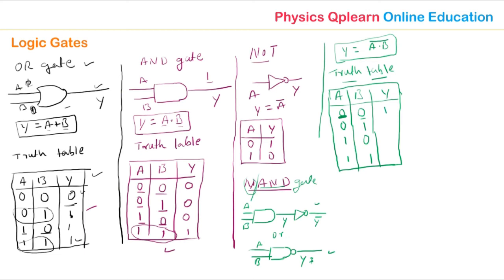Next, A is 0 and B is 1. 0 into 1 is 0. Due to the bar, 0 will become 1. Here also 1 into 0 is 0. Due to the bar, this will become 1. And here A is 1, B is 1. 1 into 1 is 1 only. Due to the bar, 1 will become exactly reversed, that is 0.